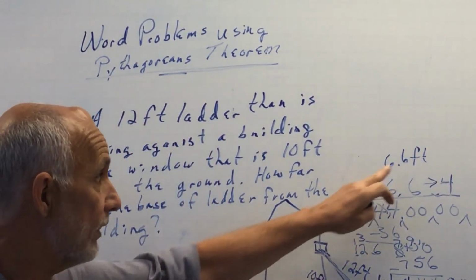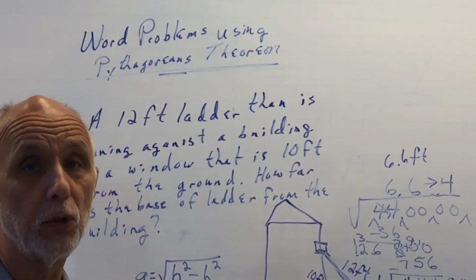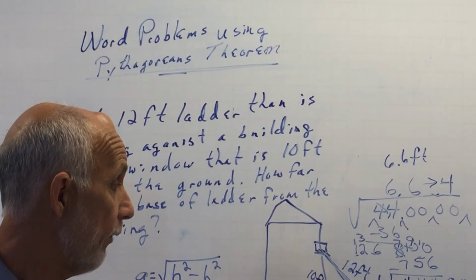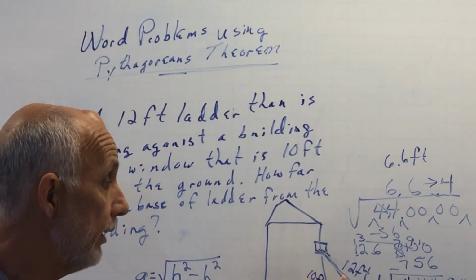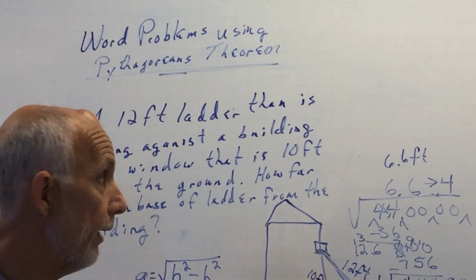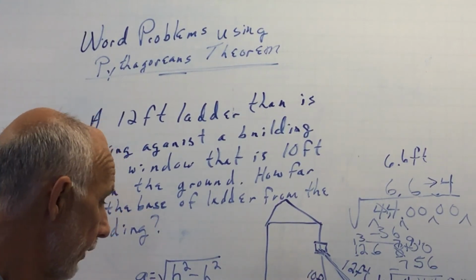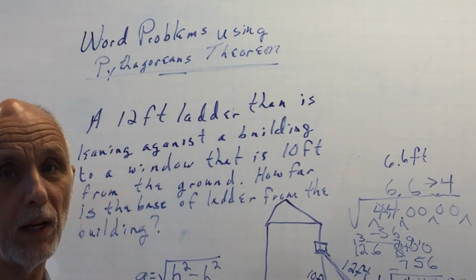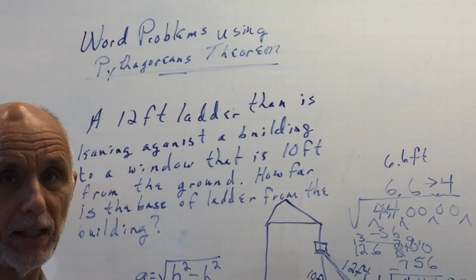And again, that's an answer that you could actually deal with. You could tell the firemen, lean it 6 and 6 tenths feet away from the building, and they would basically know what that is. You tell the firemen, lean it 2 square root 11 feet away, and I doubt seriously they'd know what that is.